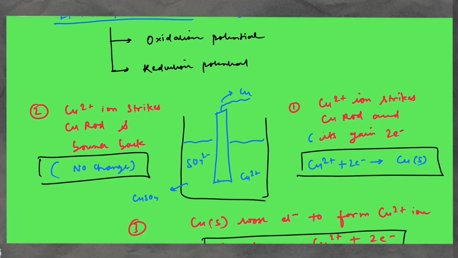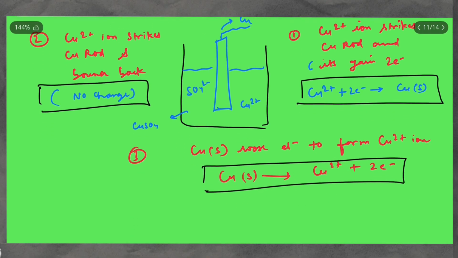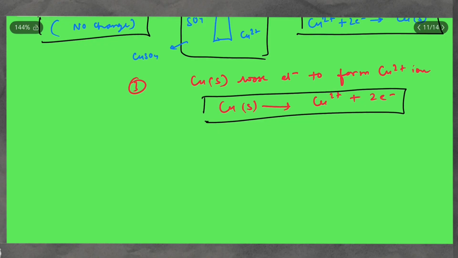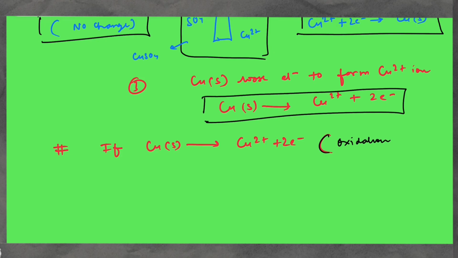So moving to the next part, that is the conclusion. Conclusion is that if copper solid goes to copper 2 plus plus 2 electron, then here we will have oxidation potential, oxidation electrode potential.